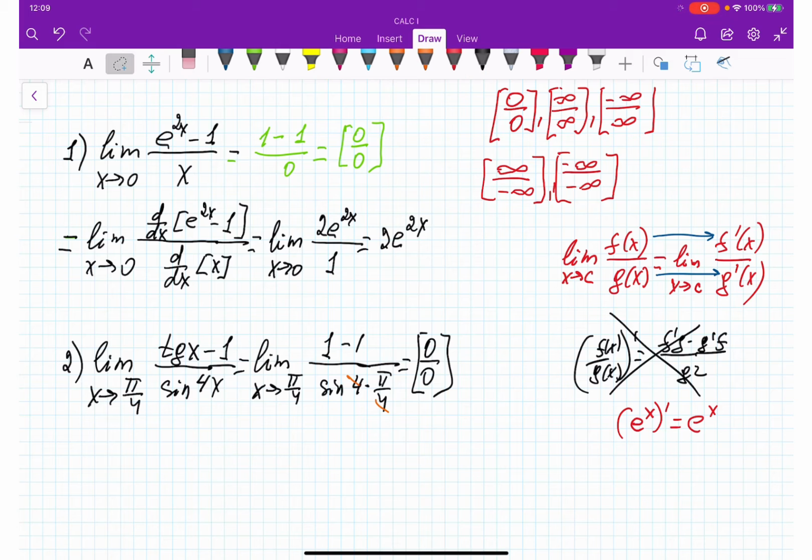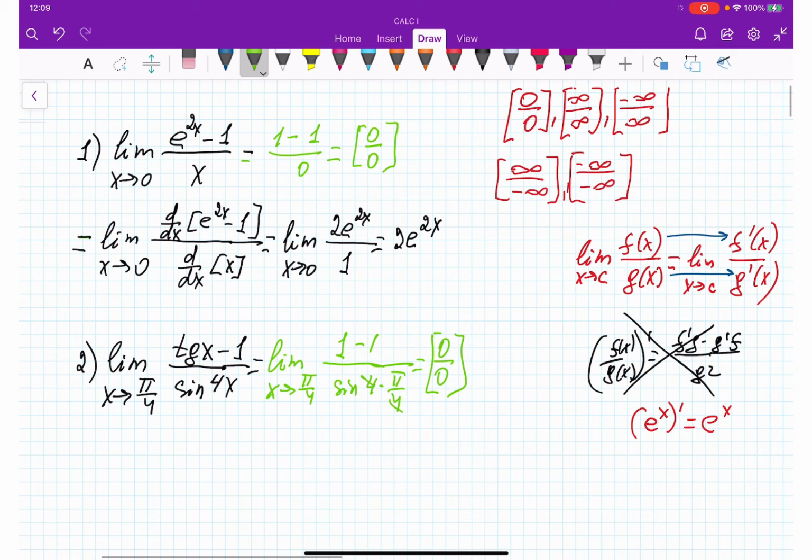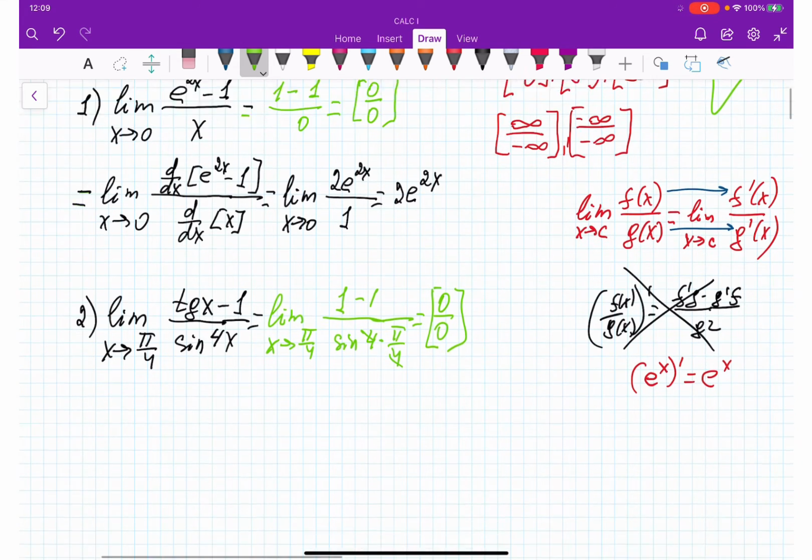Therefore, we can apply L'Hopital's rule, right? We always have to check if L'Hopital is applicable or not, because L'Hopital is applicable only on these uncertainties, 0 over 0 and all combinations of infinity over infinity. So either very small cases or very large cases, 0 over 0 and infinity over infinity.